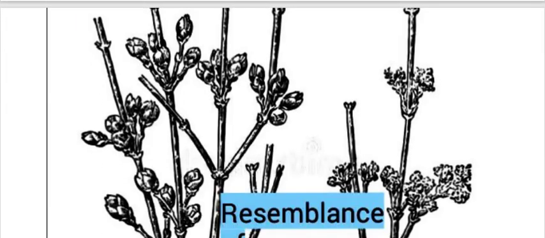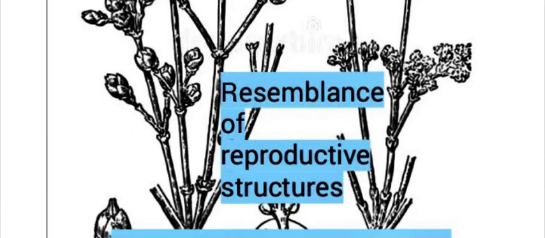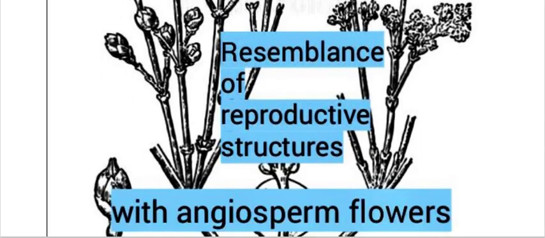Here in this diagram, we can see a dioecious Ephedra plant, in which the male and female reproductive structures are found. These are the male reproductive structures and these are the female reproductive structures, and the structure of these reproductive structures, male and female, resembles the flowers or inflorescences in the angiosperm.